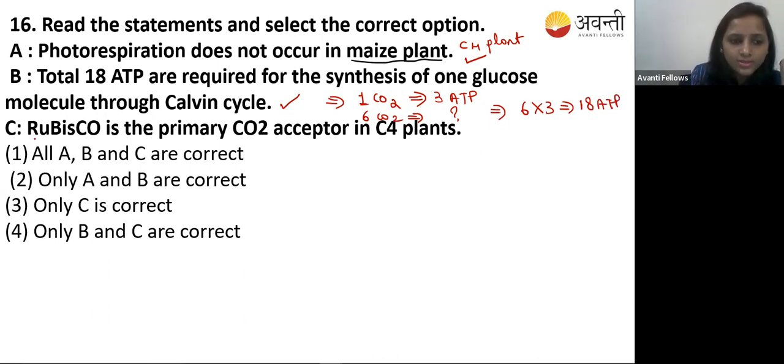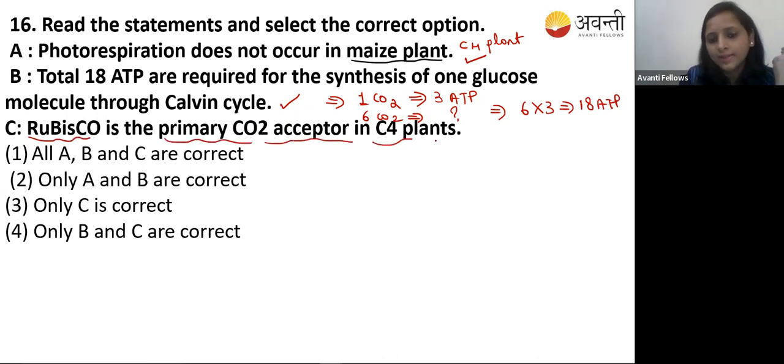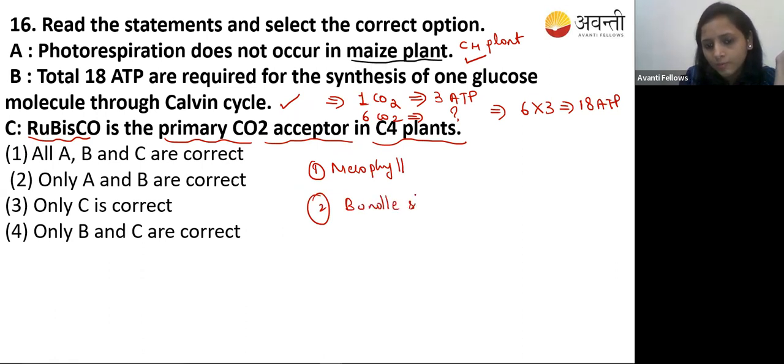Then coming to option C: Rubisco is the primary carbon dioxide acceptor in the C4 plant. No, guys. Whenever you talk about photosynthesis in the C4 plant, it has two types of cells: the mesophyll cells and the bundle sheath cells.